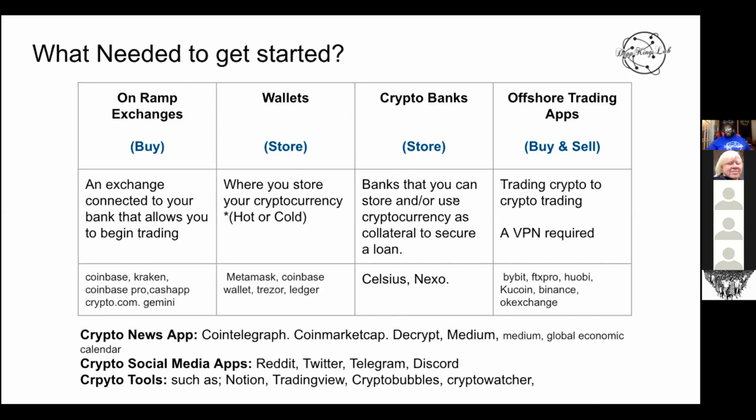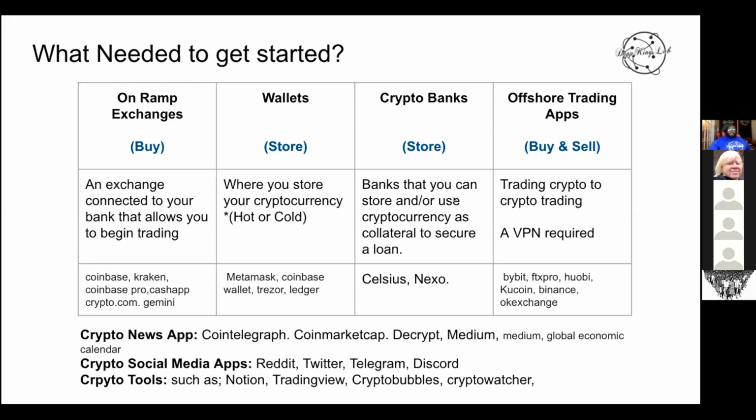And for whatever reason, or something happens, the laws change, you could lose access to your money by putting it in Celsius or Nexo or any other bank. So that's the downside of storing it in a bank, that you don't have control of it.